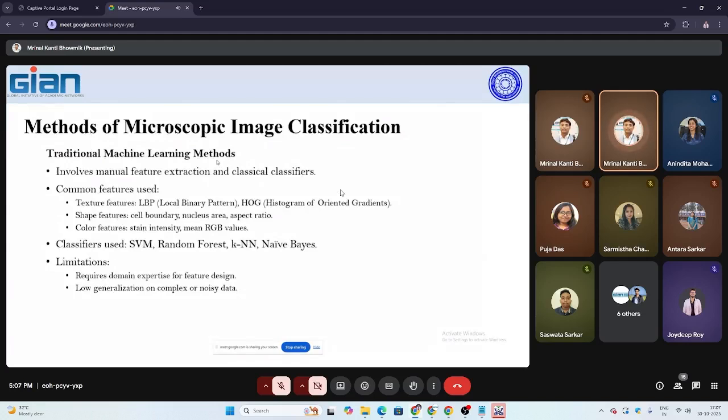Moving towards the next slide: what are the types of microscopic image collection? As earlier, traditional methods were used for classification of microscopic cell images. Traditionally, researchers used machine learning techniques. In these methods, we first extract features manually, such as textures using LBP or HOG, meaning histogram of oriented gradients, shape descriptors like nuclear size, or color features from the stained image.